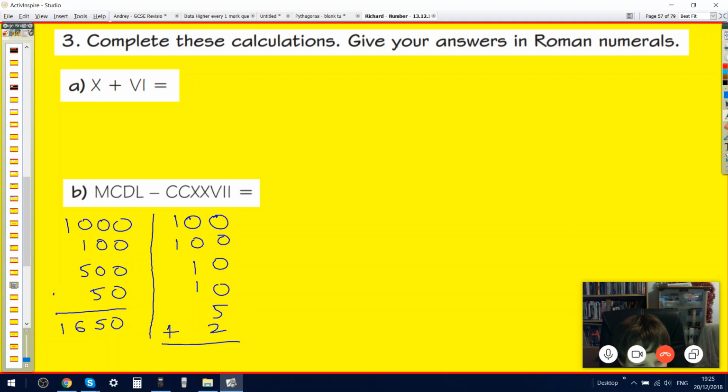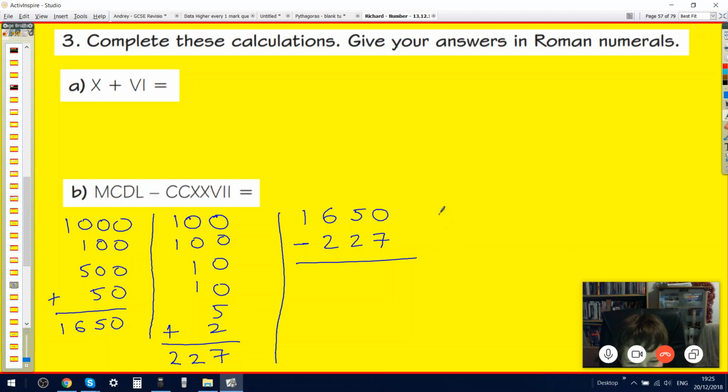And so 100 plus 100 plus 10 plus 10 plus 5 plus 2 is 227. And what do we do with these two answers? Well, it says you need to subtract them, so you would do 1,650 subtract 227. Well done.